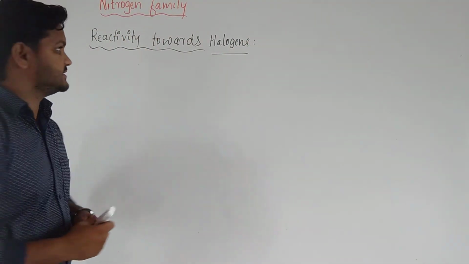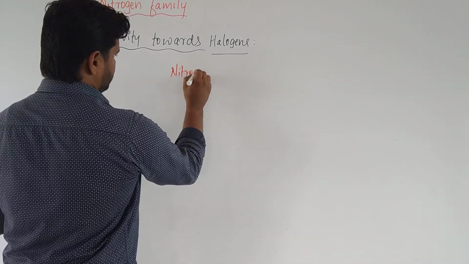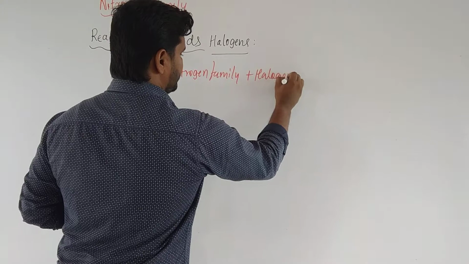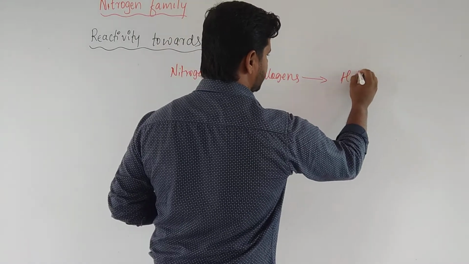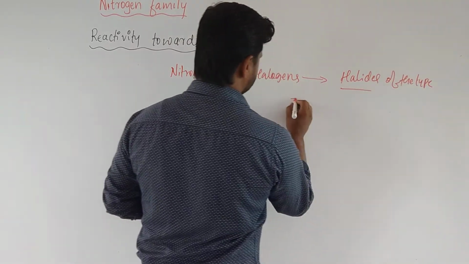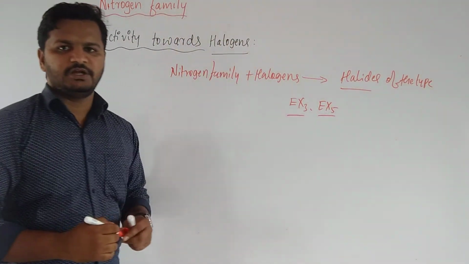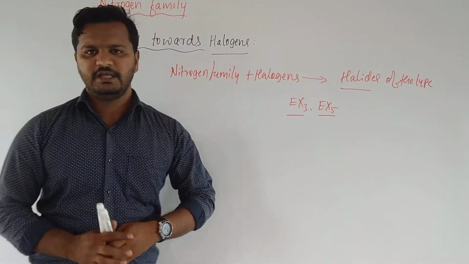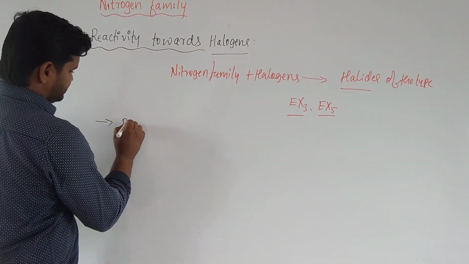Nitrogen family members, when they react with halogens, form their respective halides of the type EX3 and EX5, that is, trihalides and pentahalides.